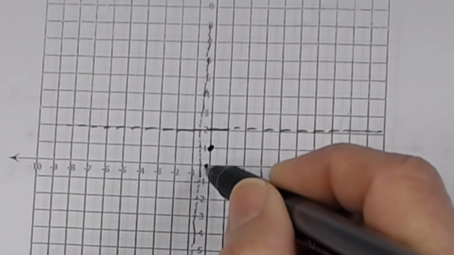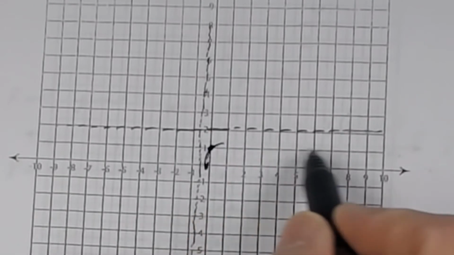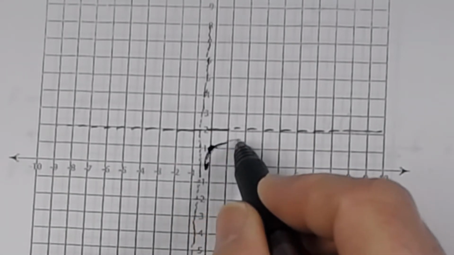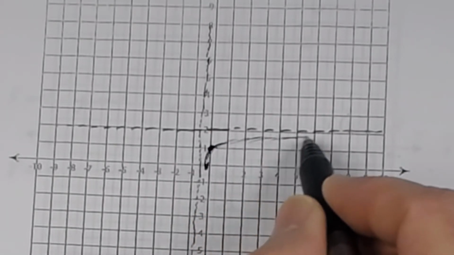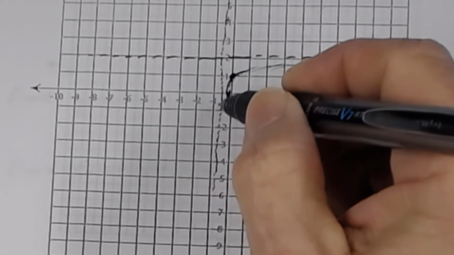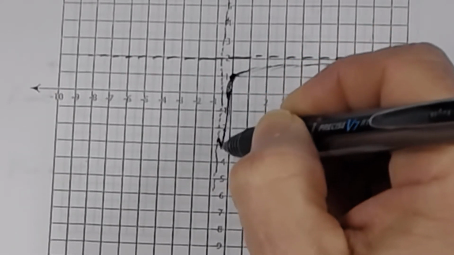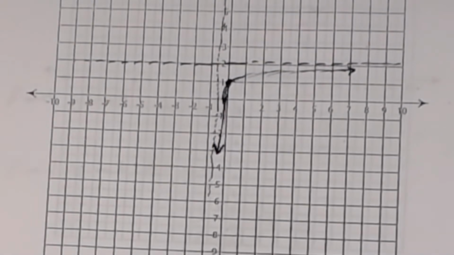The graph does something like this. It gets closer and closer as x gets bigger and bigger. The graph gets closer and closer to this horizontal asymptote, but doesn't cross it. And as you go towards the vertical, it gets closer and closer to it, but doesn't cross it either. So that's what that part of the graph looks like.